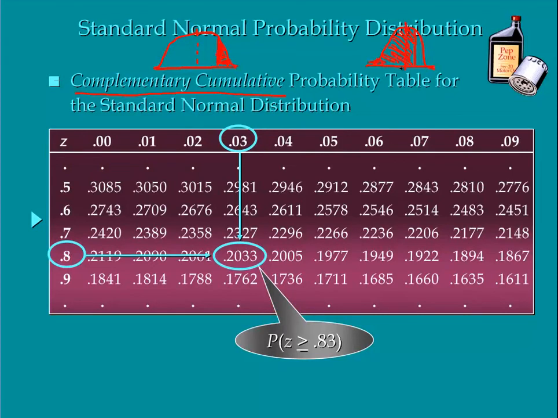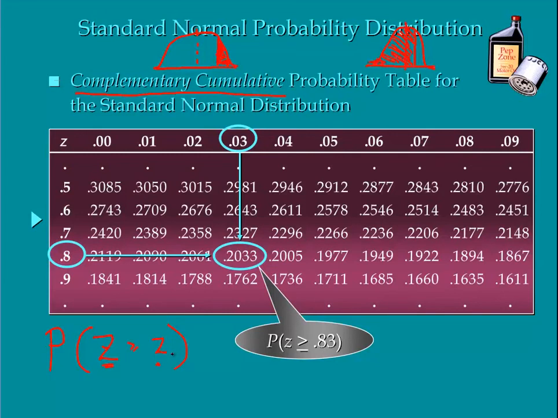Now what you're particularly interested in is the standard normal probability distribution table, and what this does is compute the probability of z being greater than or equal to some particular value z. I'm giving z as the name of the variable, and z is a particular value, for example, 0.83.